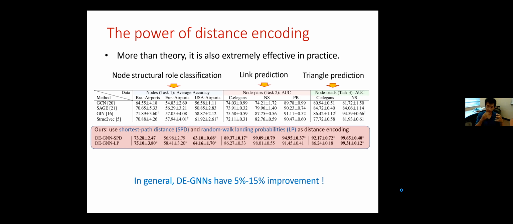All the baselines here are either standard graph neural networks or kernel-based methods. However, our distance encoding is able to significantly outperform these baselines, and in general the improvement is about 5 to 15%.